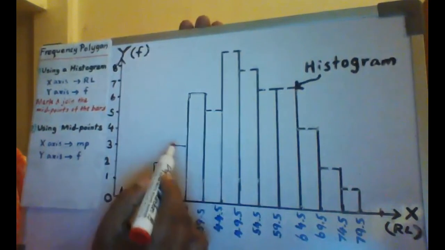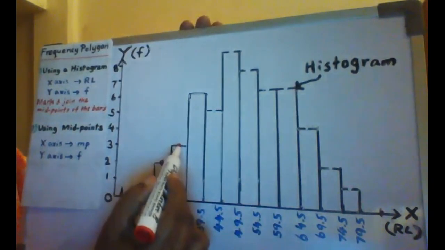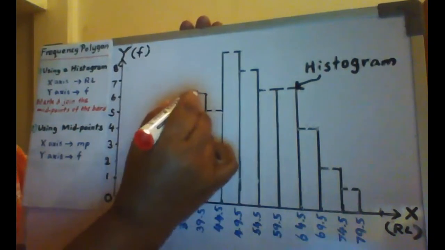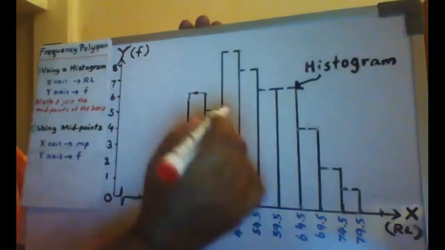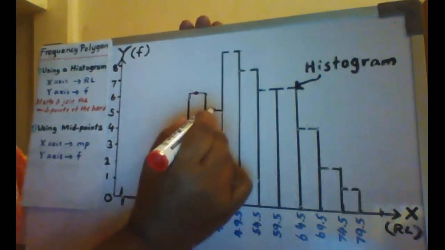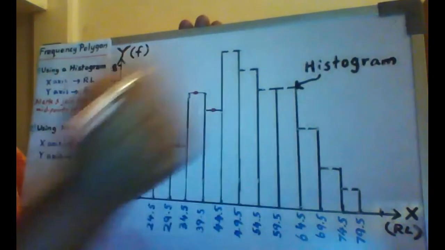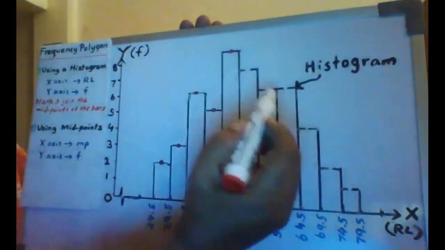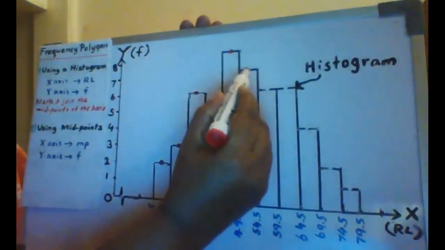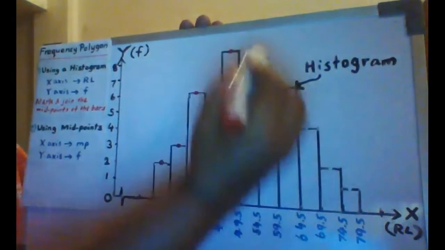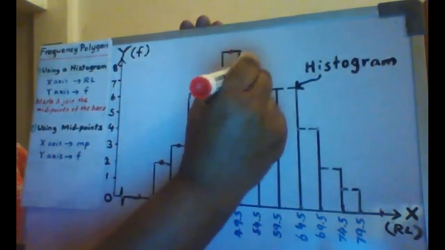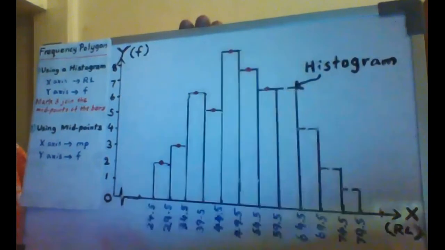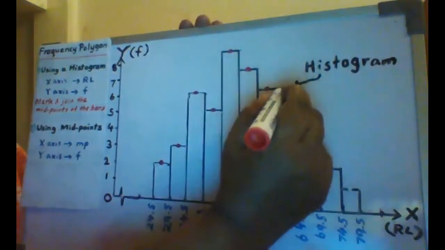Here mark the midpoint. Midpoint of the bar. Do it properly. Now there are two.